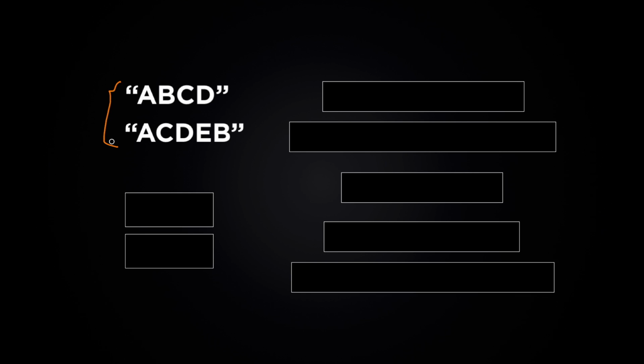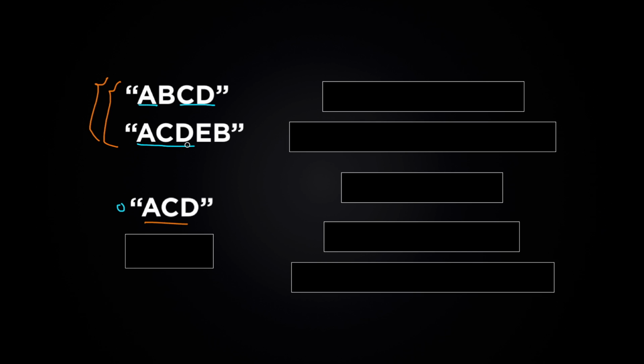You want to be able to find a common subsequence between these two strings that's the longest. So in this particular example, the answer would be this one, ACD. So as you can see, this is a subsequence of the first string. It's ACD right here, and it's a subsequence of the second string as well, ACD right here.